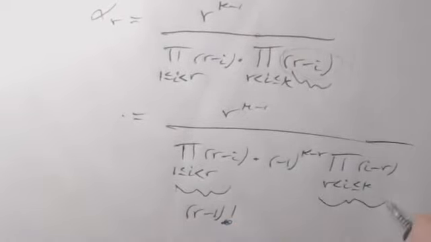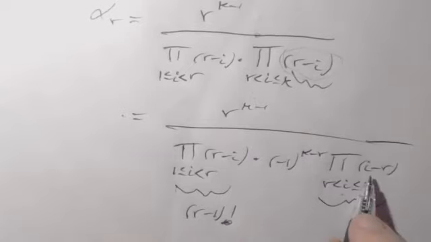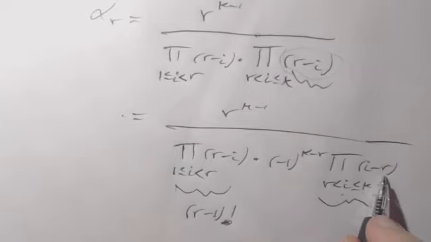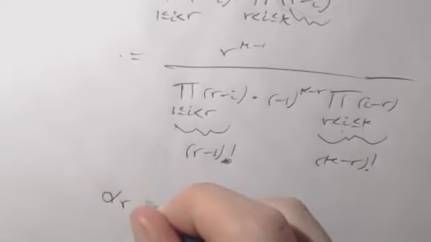And this bit here, as i goes from r plus 1 to k, when i is r plus 1, this is just 1, and when i is k, this is k minus r. So it's going to be k minus r factorial. So therefore we get, I hope this is the same as what they've got, minus 1 to the k minus r.